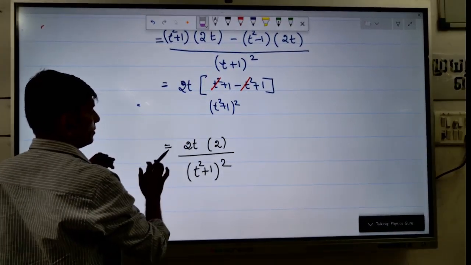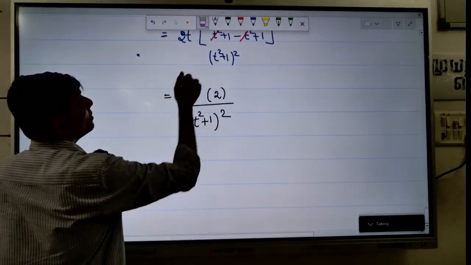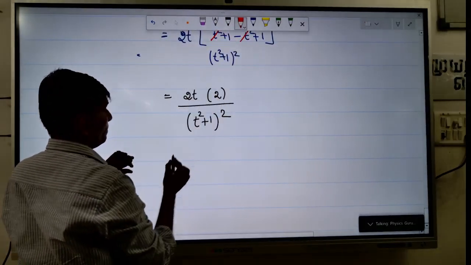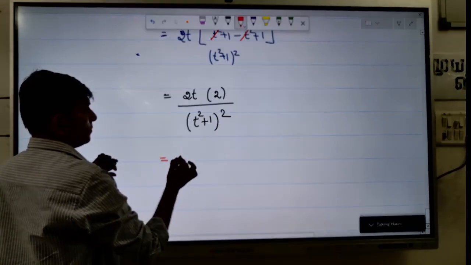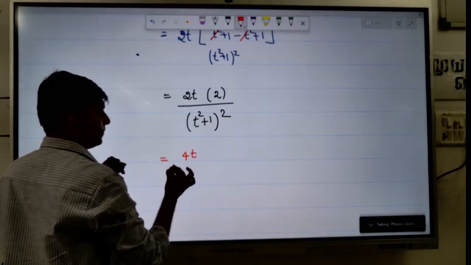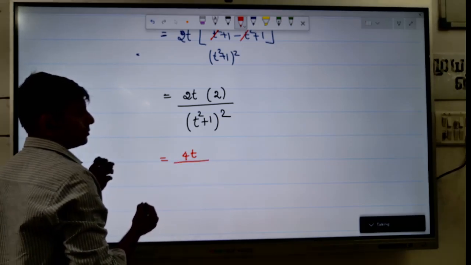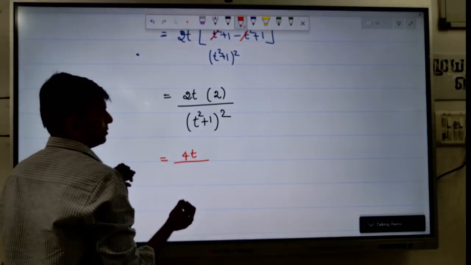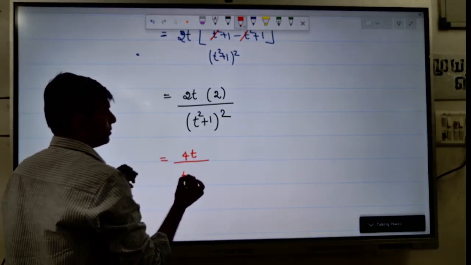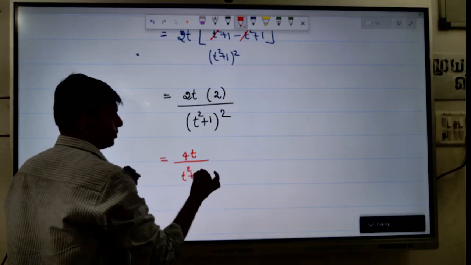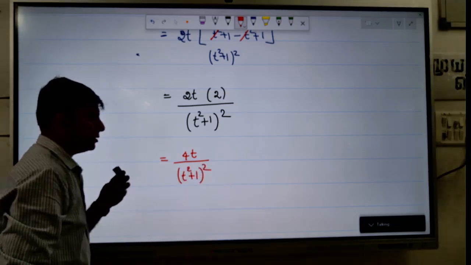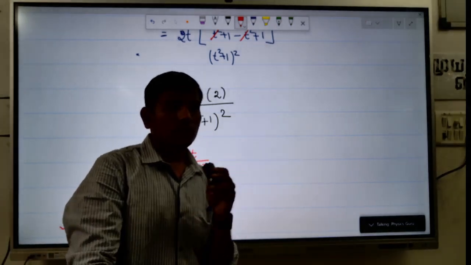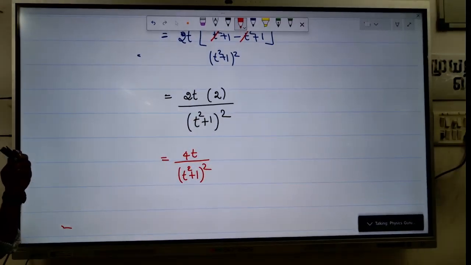Okay. Keep going. Okay, 4t over, yes, not necessary, because even if you expand it, it is going to get cancelled.